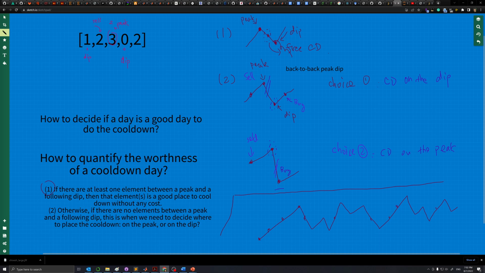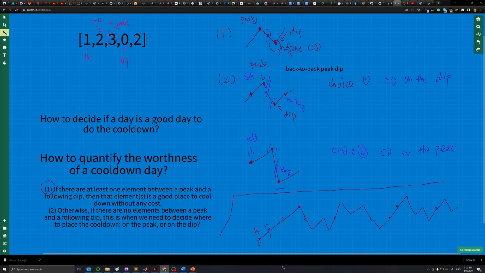For example, these are our day-to-day marks, and from day zero to day one, of course we want to buy and sell, but if we do that too frequently, we're going to experience a lot of cooldowns, right? So we're probably just going to buy here, B, and then hold here, just do nothing.